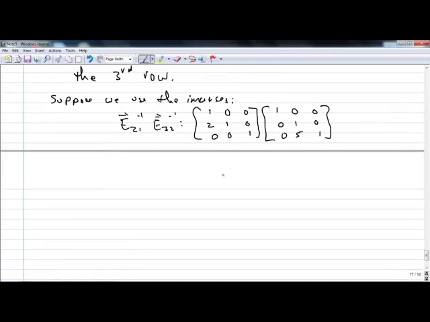Okay, so let's look at this product. This product is equal to, of course, L. And in this case, it's going to be 1, 0, 0, 2, 1, 0, 0, 5, and 1.